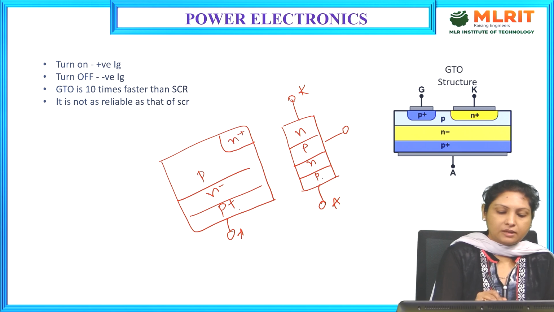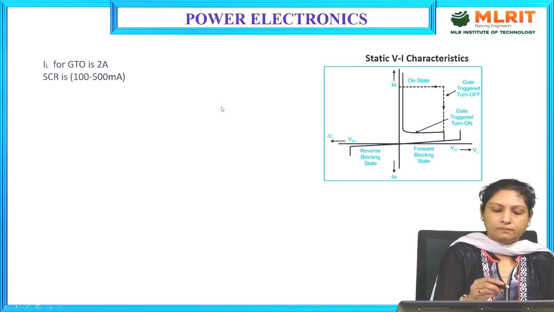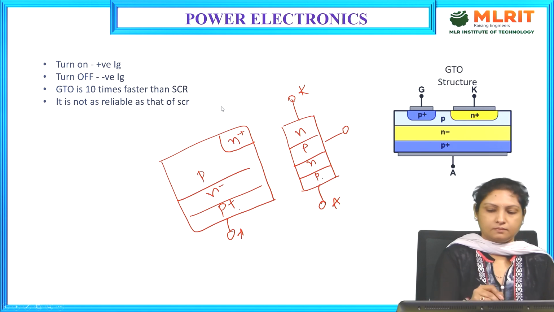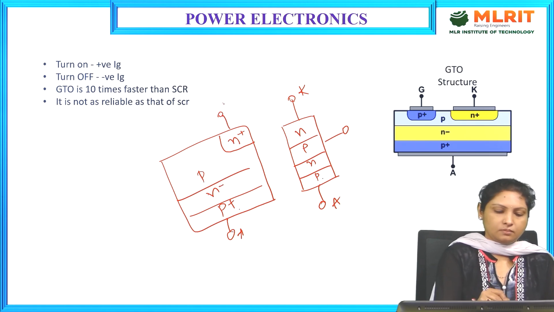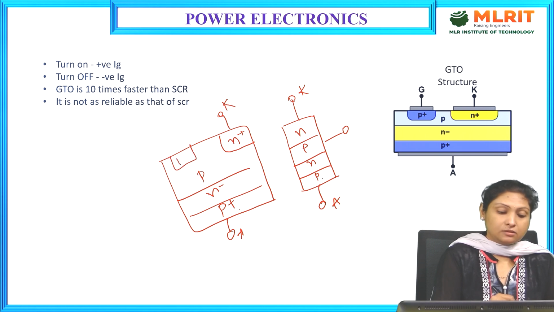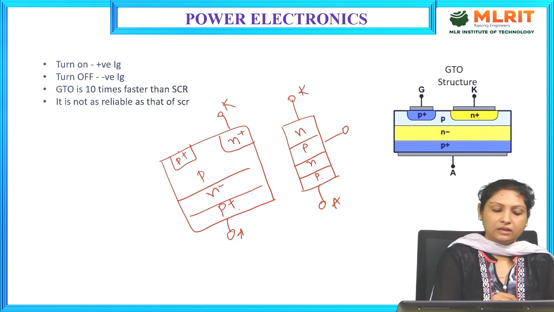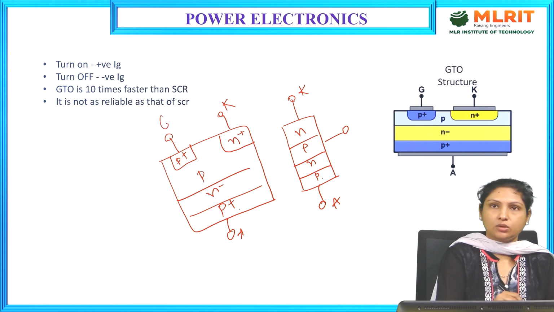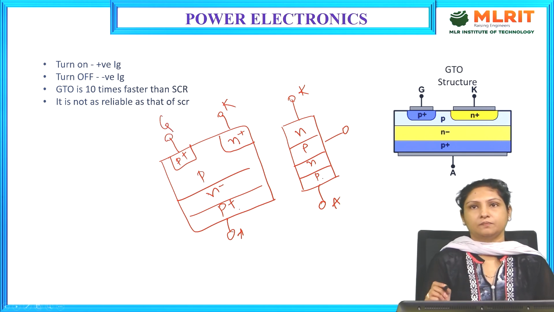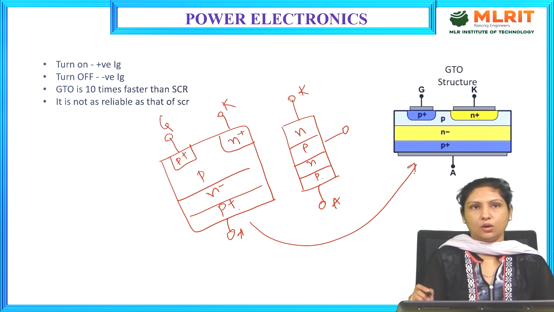To the N plus layer, we usually connect this particular cathode terminal. And then the doping level of the P layer will be increased, and a gate will be connected to this particular P plus layer. In that case, this is the structure of a GTO now.